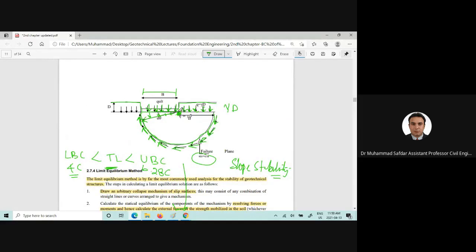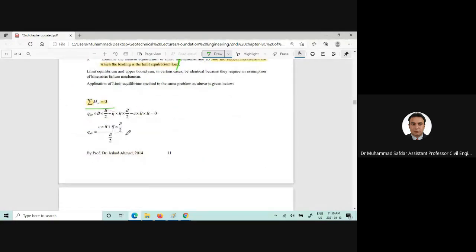If you take the summation of moments at this point equal to 0, we are left with the ultimate pressure, the overburden pressure and the cohesion of the soil. So this is the term related to the cohesion, or the moments which will be created due to the surcharge, and the moments due to the ultimate pressure.